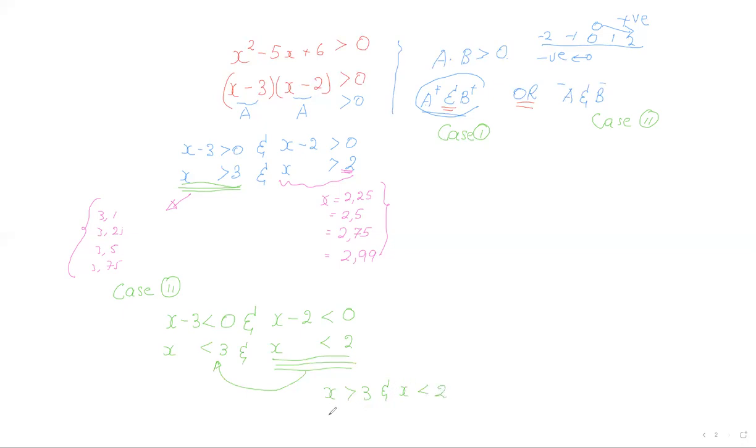If you want to represent this on your graph, there will be 0 here, minus 1, 1 here, 2 there, 3 there. On your graph, x is greater than 2 and x is less than 3.